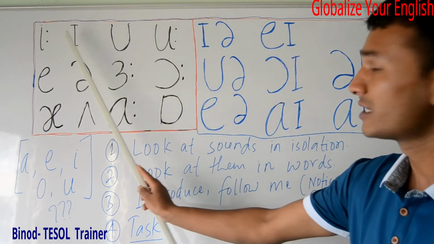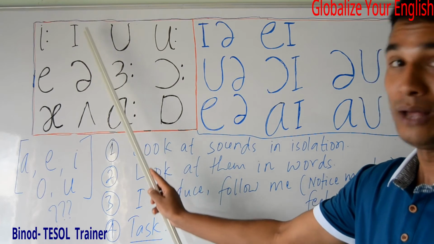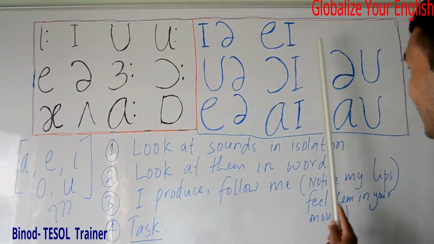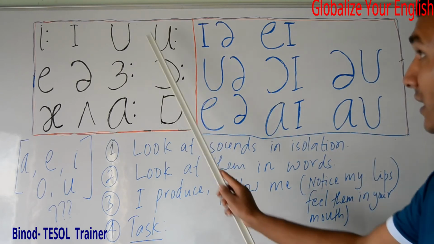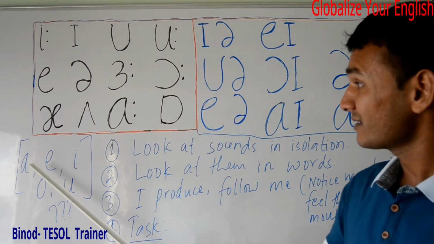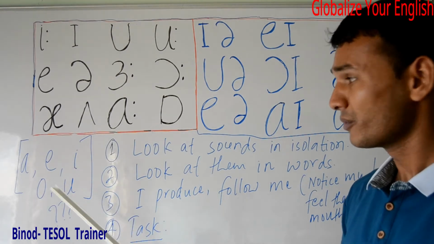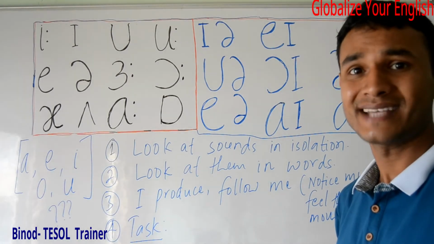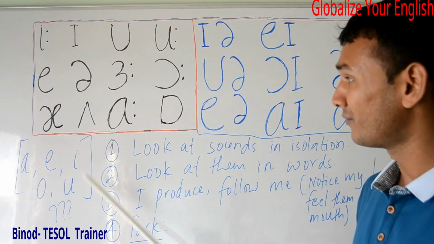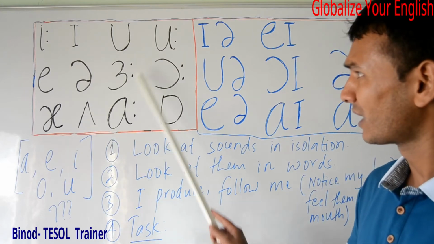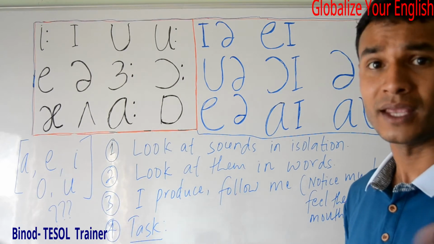They are simple vowels. People say simple vowels sometimes. The others are called diphthongs, two vowels together. So they are single vowels. These A, E, I, O, U are not vowel sounds. They are vowel letters. With the help of these letters, we can get different sounds in the English language.